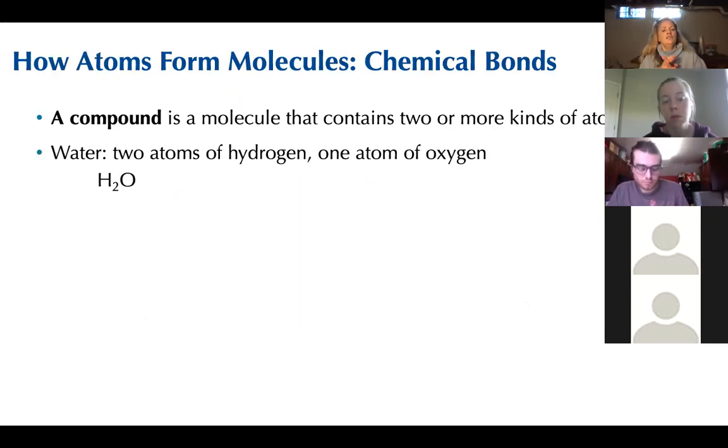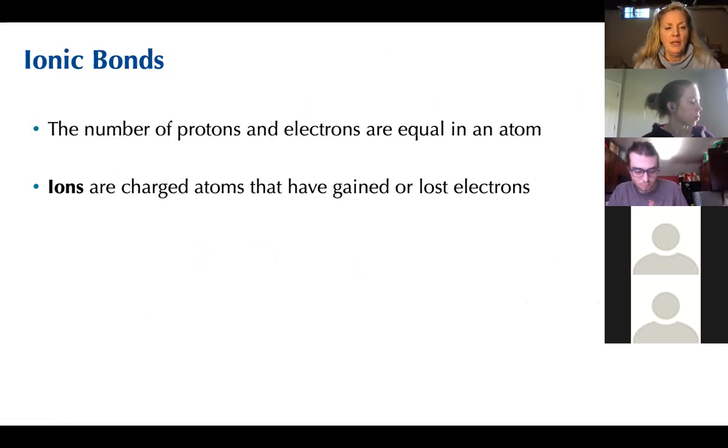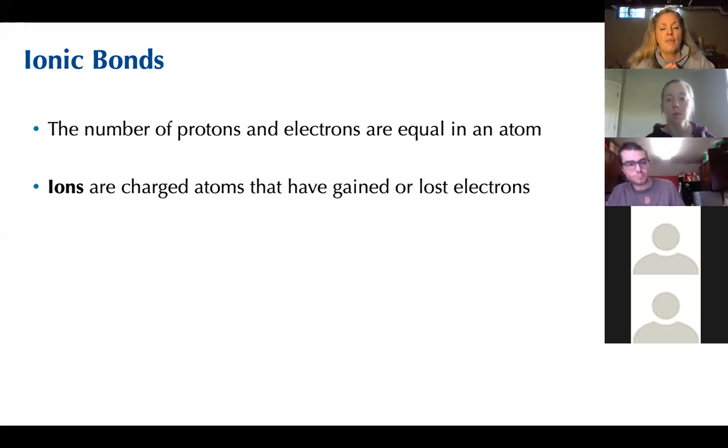Okay, so how we're going to start forming compounds. Compounds are going to simply be molecules that contain 2 or more types of atoms. And a typical compound that we form is water. We get 2 atoms of hydrogen and 1 atom of oxygen. And so we write the formula as H2O, okay? 2 hydrogens combined with 1 oxygen. And as I said, we can also have our molecules form by ionic bonds.